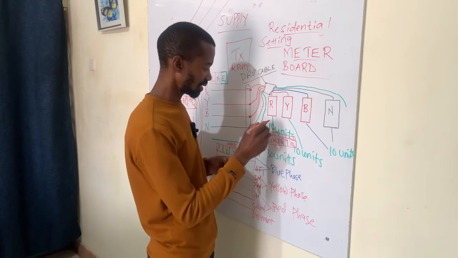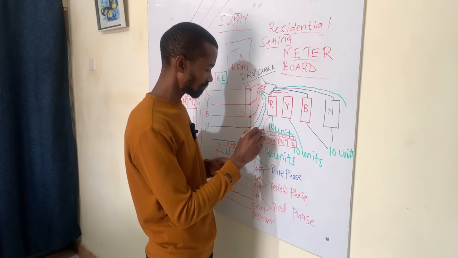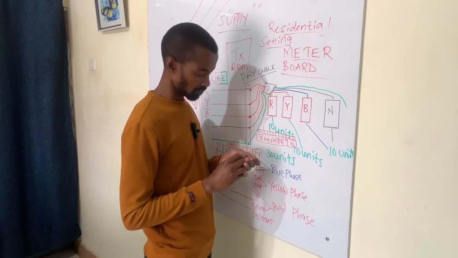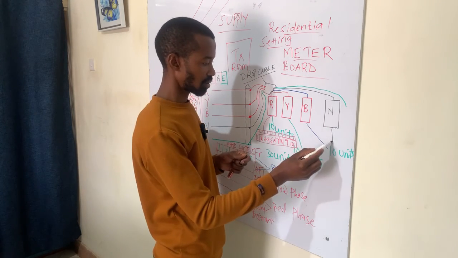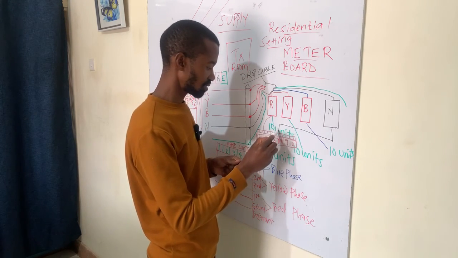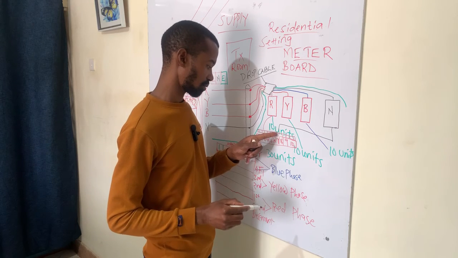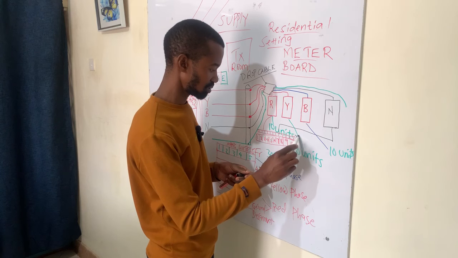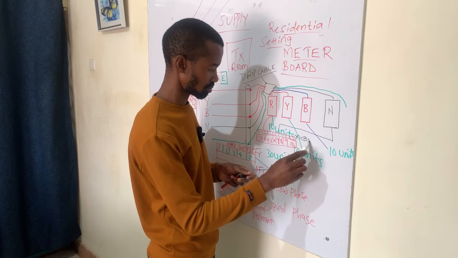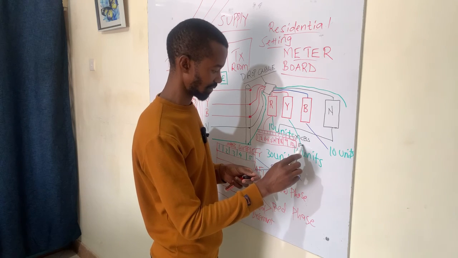You have connected the red phase to these. You have connected the neutral, the return path, to all of these MCBs. So these are MCBs and these are energy meters.